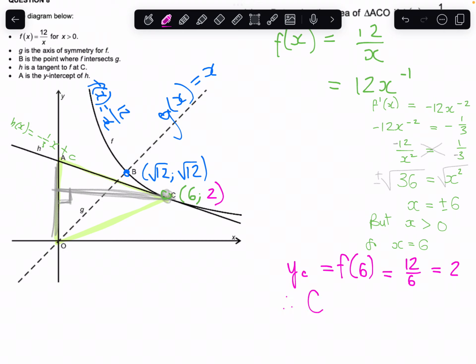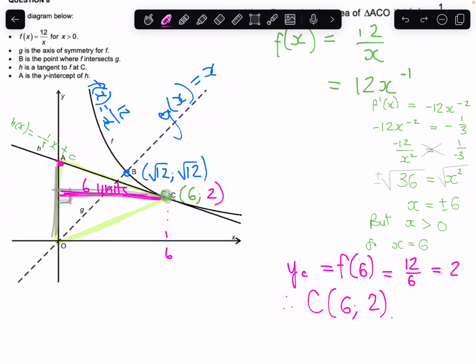So therefore C has the coordinates 6 and 2. On the one hand, that gives us the length of the perpendicular height, because we know that x is equal to 6, so this would be 6 units. Now we just need to figure out what the coordinates of A are, which means we need to figure out the equation of h of x.